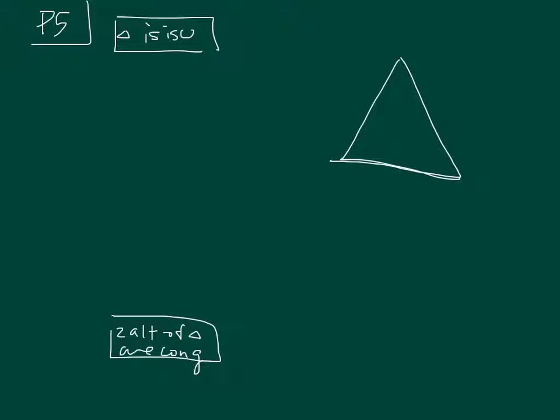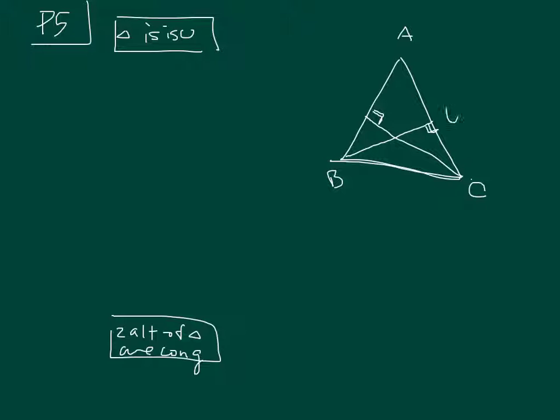Problem 5 says if two altitudes of a triangle are congruent, then the triangle is isosceles. So if you have triangle ABC, and altitude means perpendicular, draw a perpendicular line from vertex B to AC.